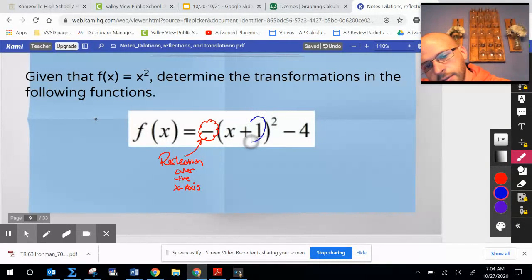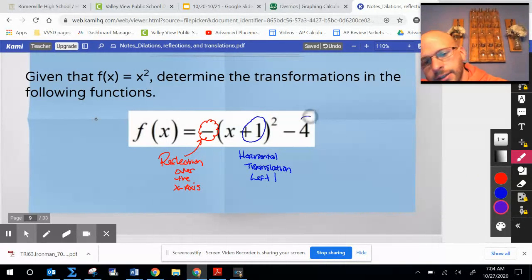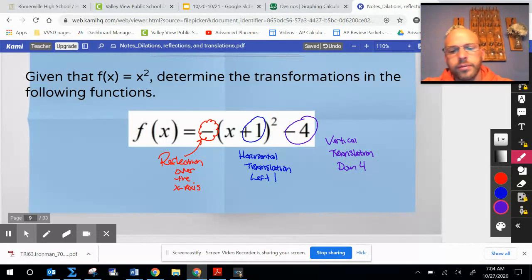Then I have a horizontal translation, left 1, and last but not least, I'm going to have a vertical translation down 4. Okay, so this particular function had 3 transformations in it.